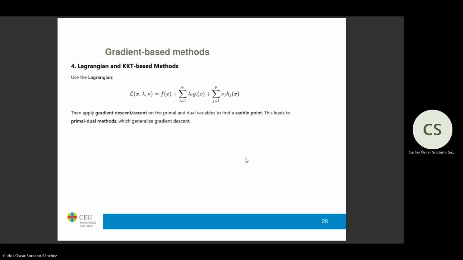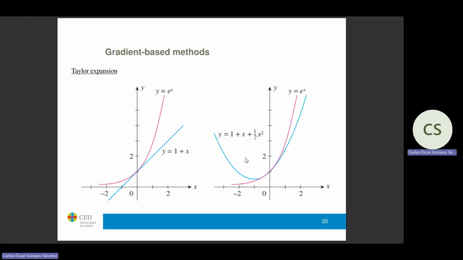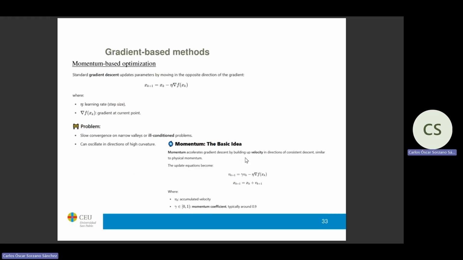So we will update our position according to our velocity, and the velocity will be calculated using the gradient. You see, it's again kind of a smoothing of how important the previous velocity is.